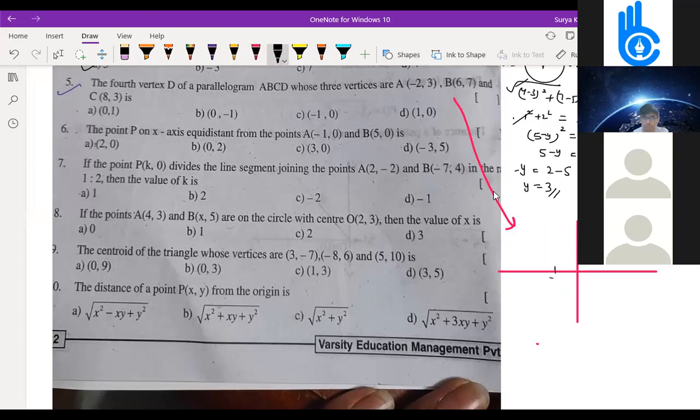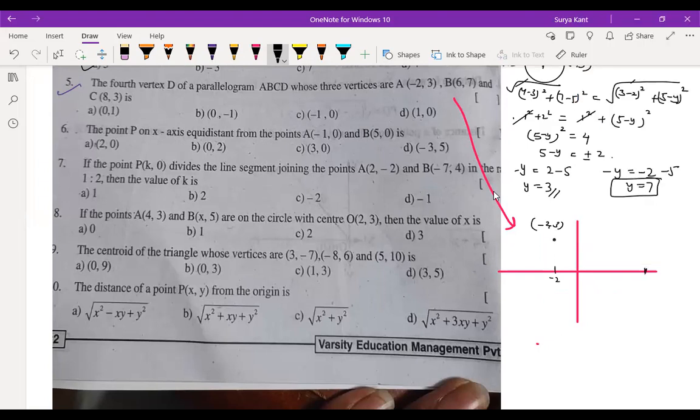Suppose you are having here (−2, 3). The (−2, 3) will come here. Then (6, 7). 6 is here, 7 is somewhere here. And C is (8, 3). 8 is here. So this is coming like this pattern.